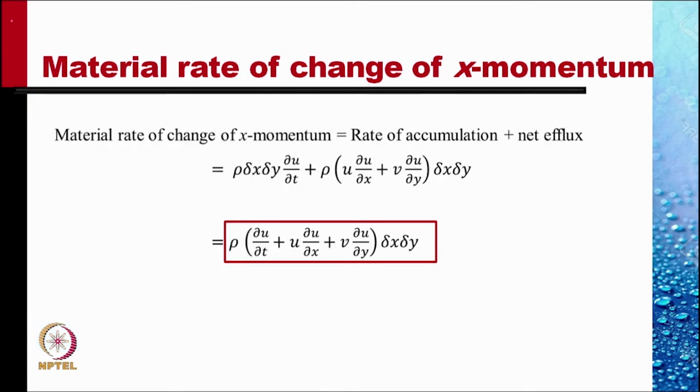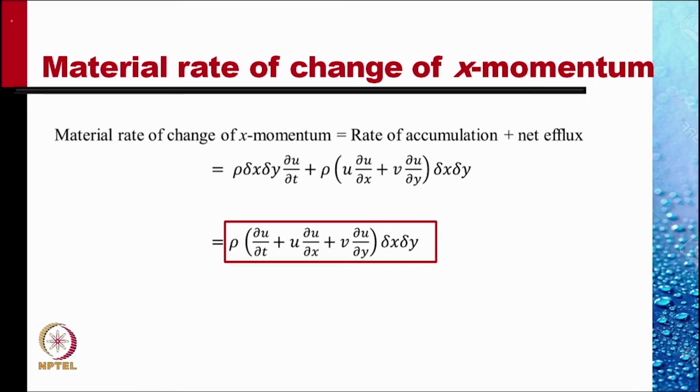So the material rate of change of x momentum associated with the control volume, that is the rate of accumulation plus the net efflux, becomes rho times del u by del t plus u del u by del x plus v del u by del y into delta x delta y within the red box.